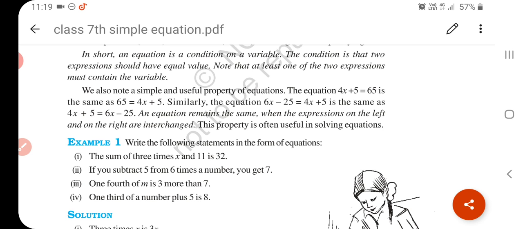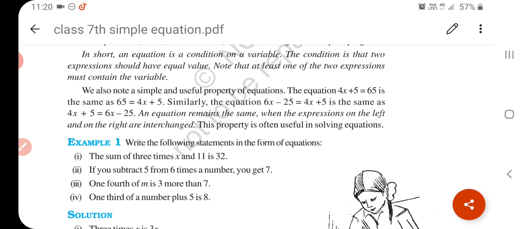Suppose we write the following statement in the form of an equation. I told you, if something is added or there is more, then you have an addition sign. Subtract or less, then you always have a minus sign. One fourth, one fifth, that is division.